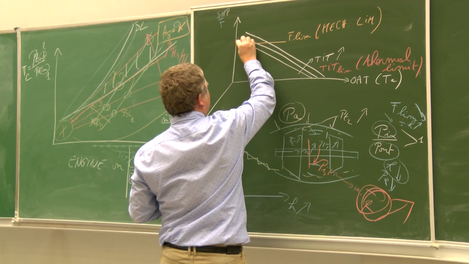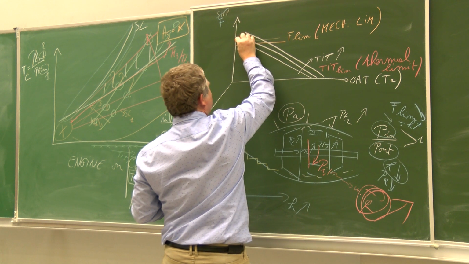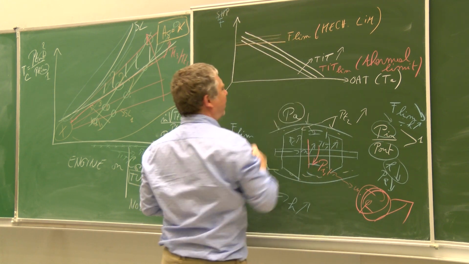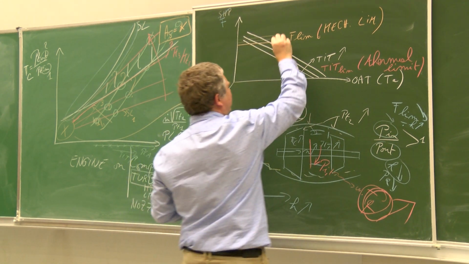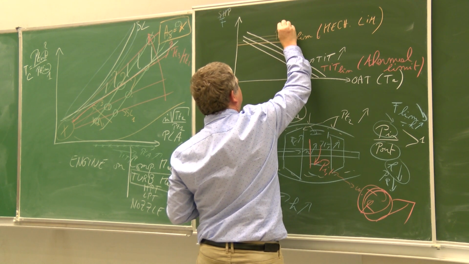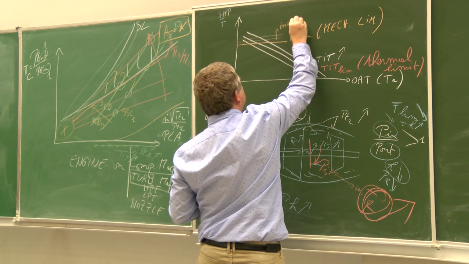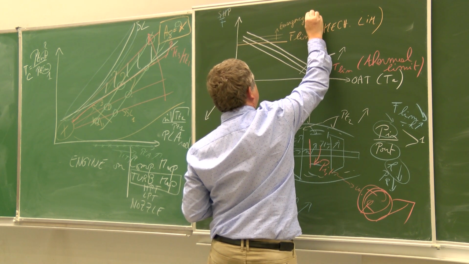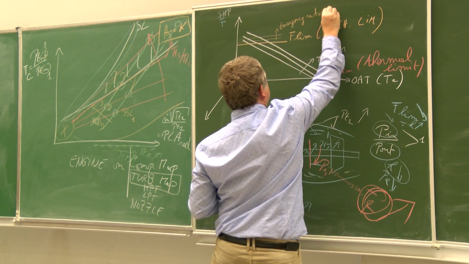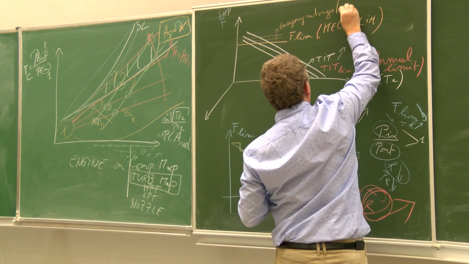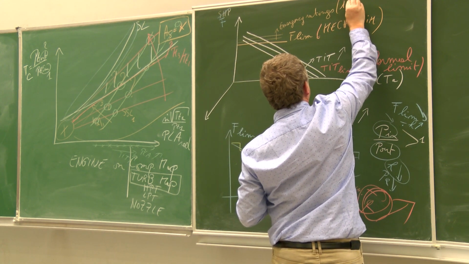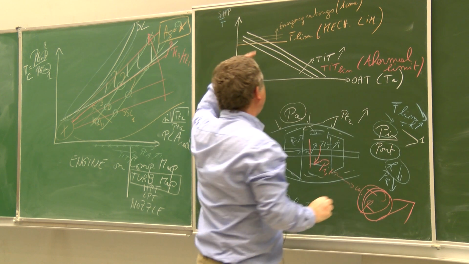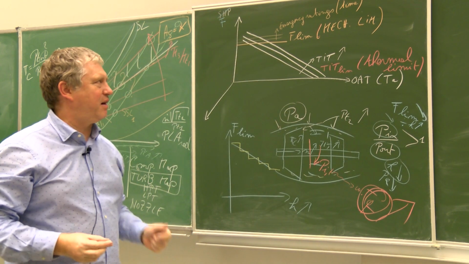Also, of course, as we have seen in the helicopters, maybe you could have some emergency situations, some emergency ratings where you would have a certain time at which it would be allowed to go a bit higher.